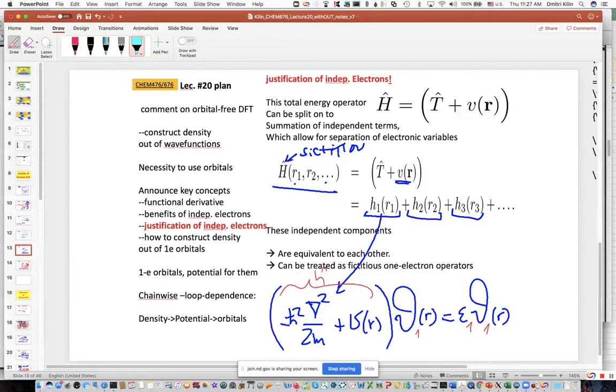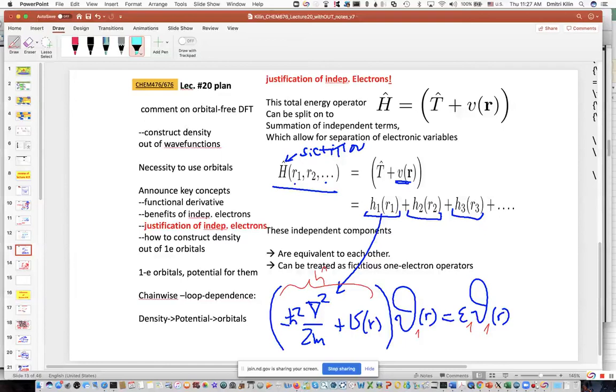It is still repetition, a recall of what we did last time. The external potential is the same for each electron, and kinetic energy is just the summation of kinetic energy for each electron.